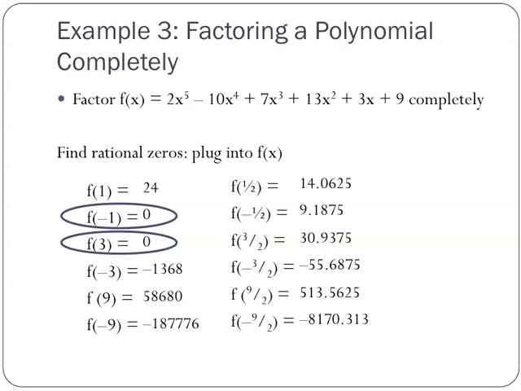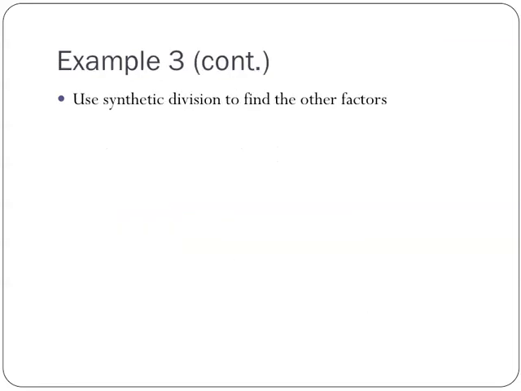Now that we found our rational zeros, our next step is to use synthetic division to factor that out and see what else we can factor. So start with -1. Again, it doesn't matter which one you start with. In the end, you will end up with the same quotient after you've done the division twice.